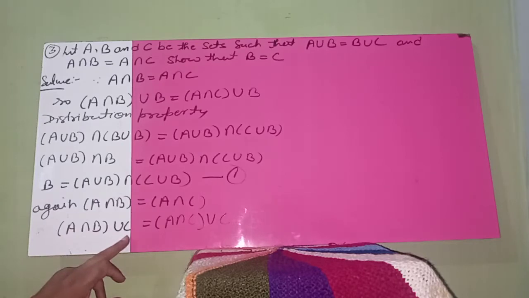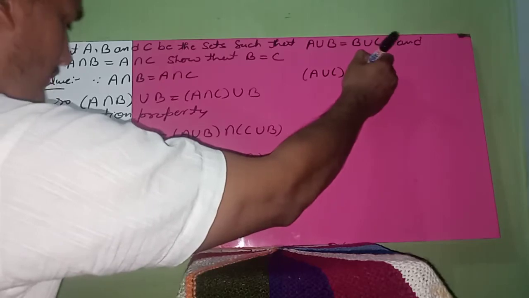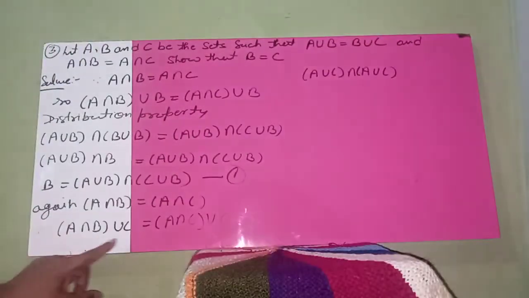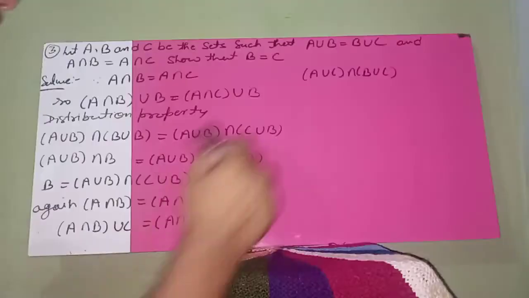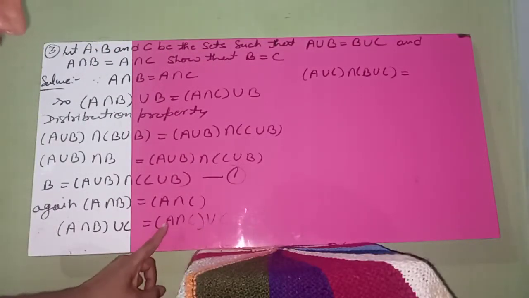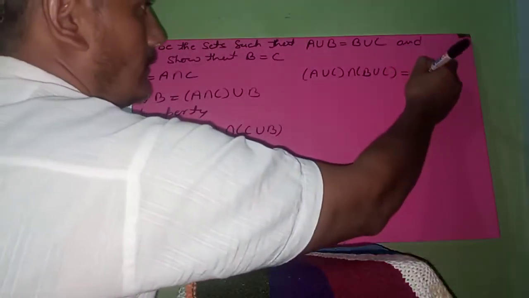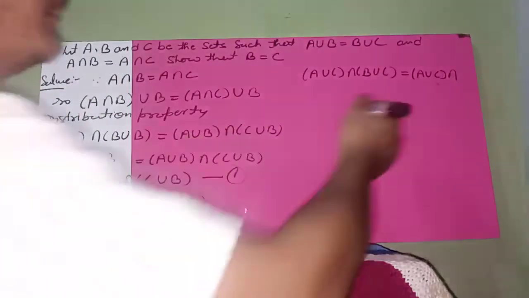Now take distribution property of union on intersection. So we can say that A union C intersection B union C. OK, that is B union C, equal. Now take here distributive property of union on intersection: A union C intersection, what is C union C?